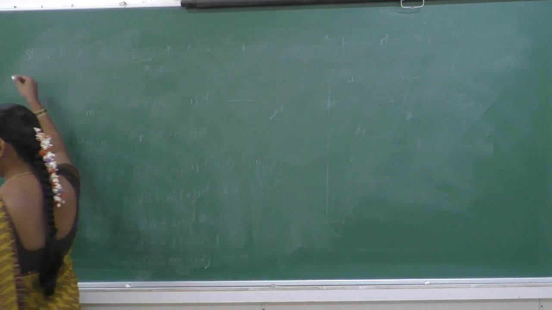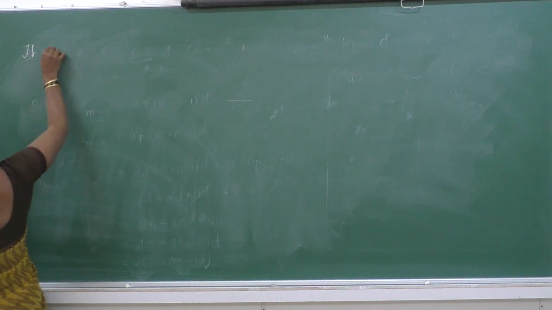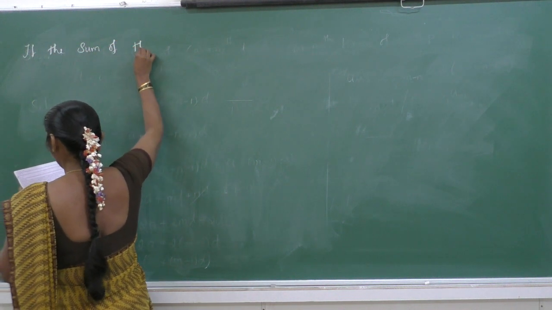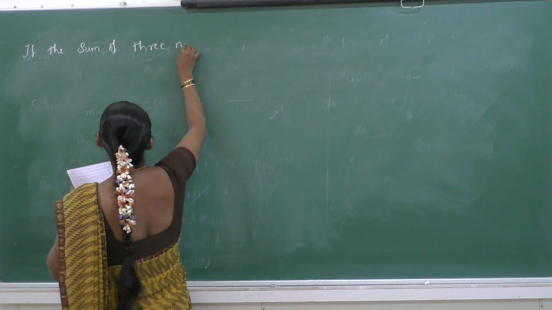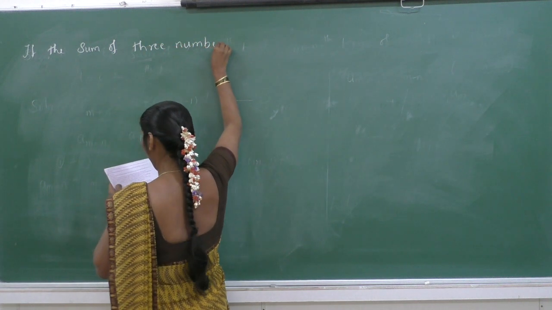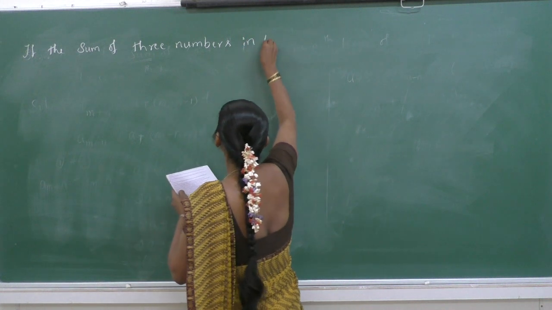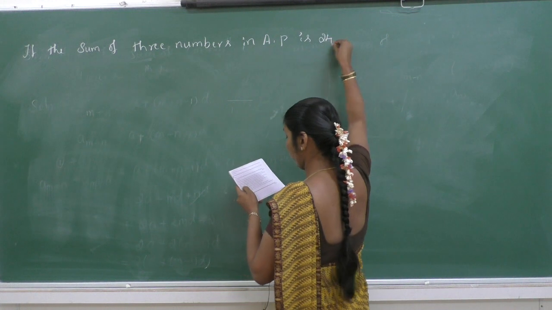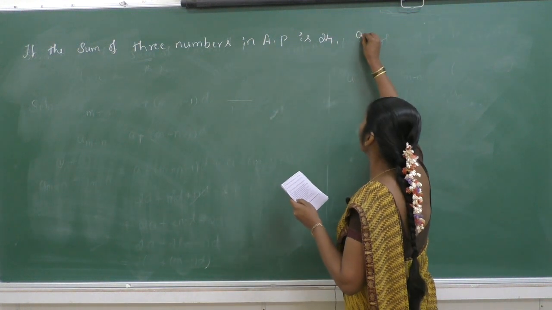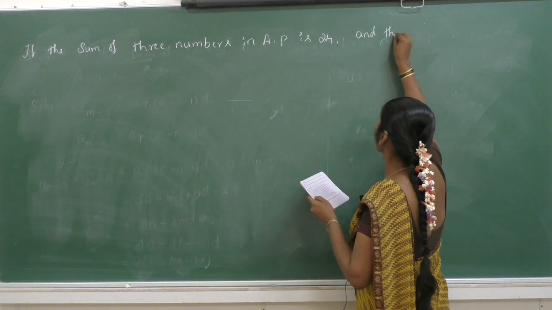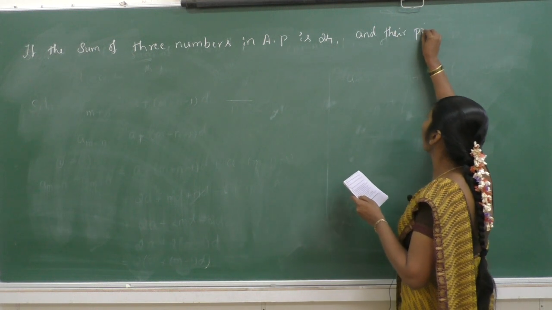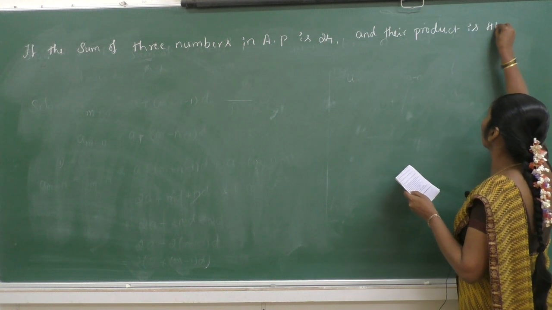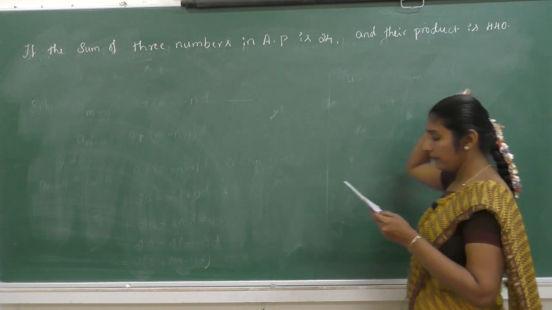If the sum of three numbers in AP is 24 and their product is 440.